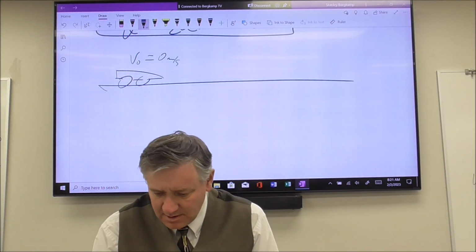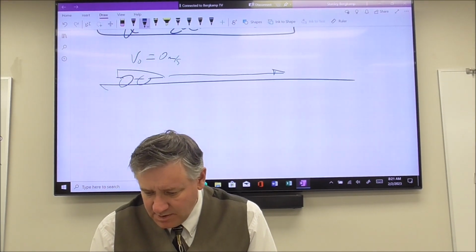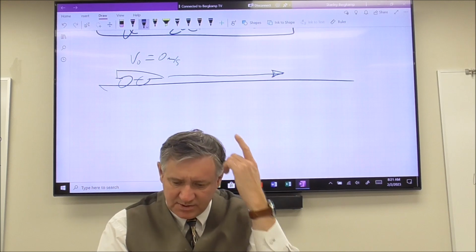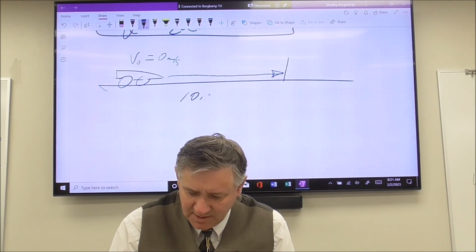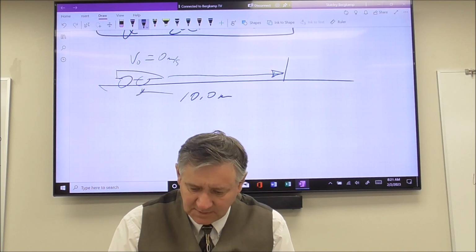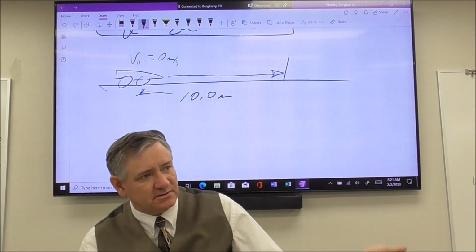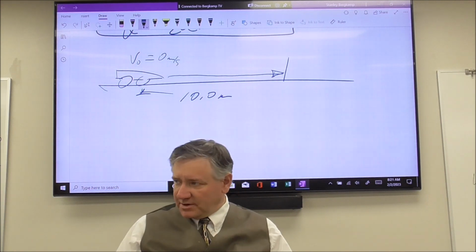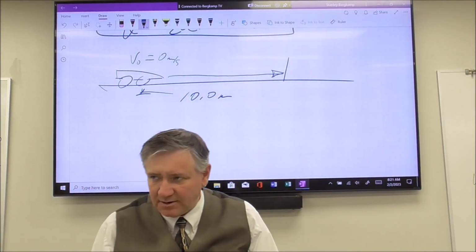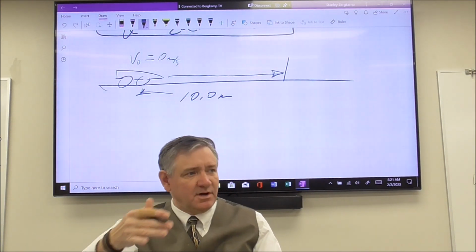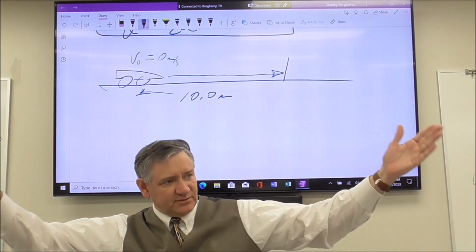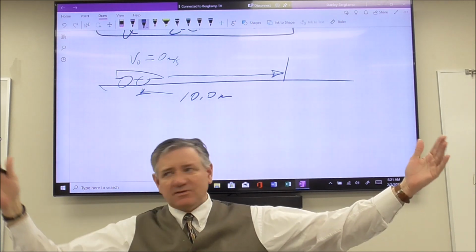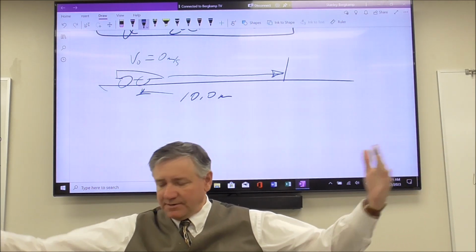So here's the car, and you know that it's going to speed up over a distance of 10 meters, because that's something that we can easily measure. We can go out into the parking lot. We're going to use Devin's car. Devin, you're going to start at 0, and then we're going to have him speed up, and then we're going to have him go for 10 meters, which is about the width of this ring. That's about 10 meters, okay?